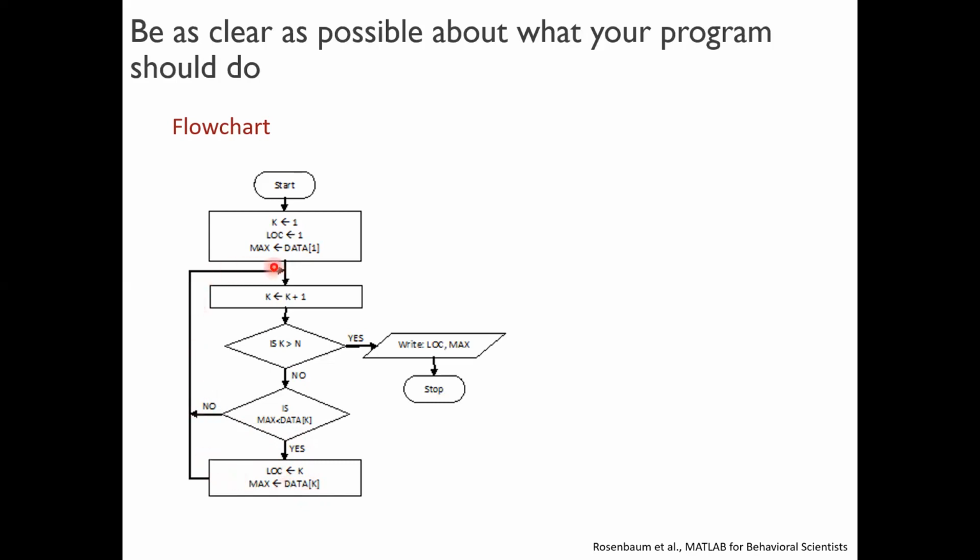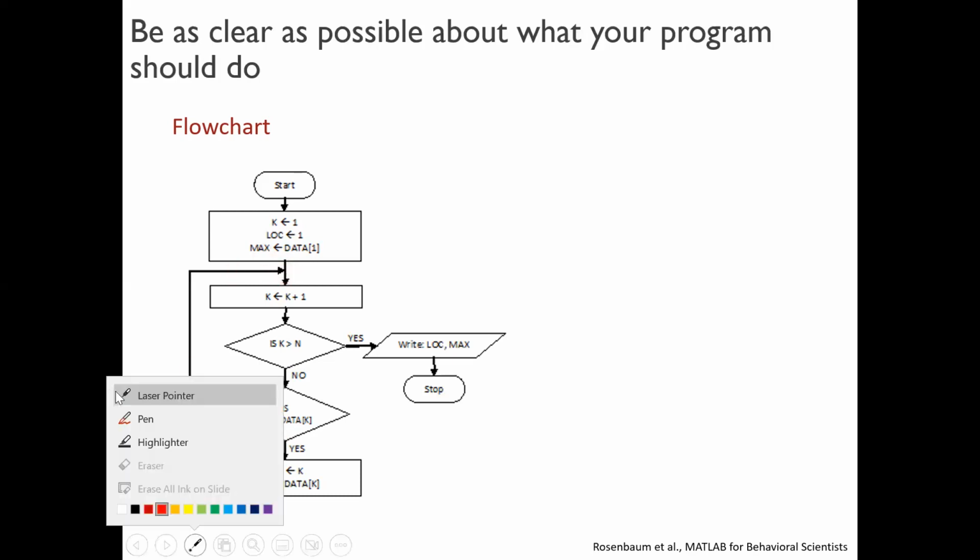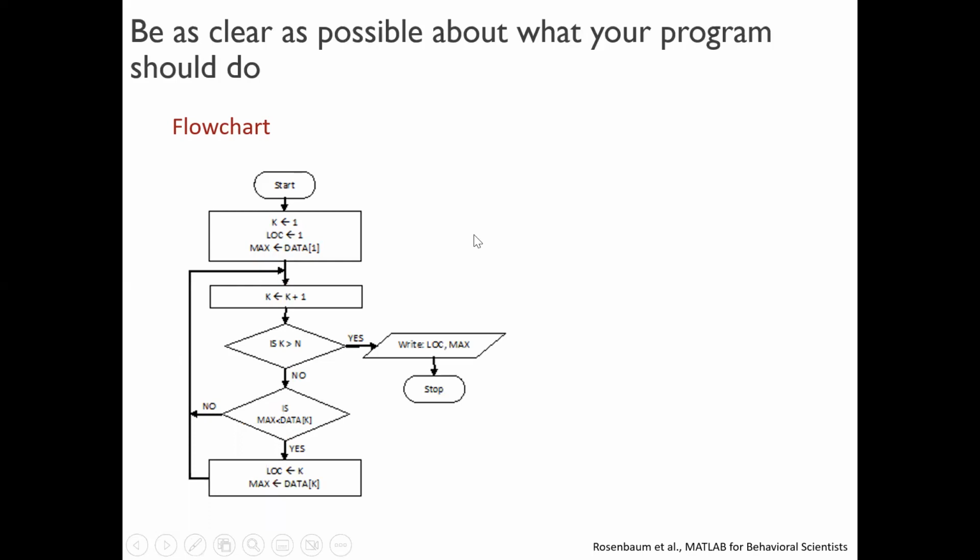Okay. So basically what this is going to do is iterate or move through every value in the list to check and see if it's greater than what you currently have as the maximum value. Okay. So this is a flow chart that you might want to use when developing your own algorithms.